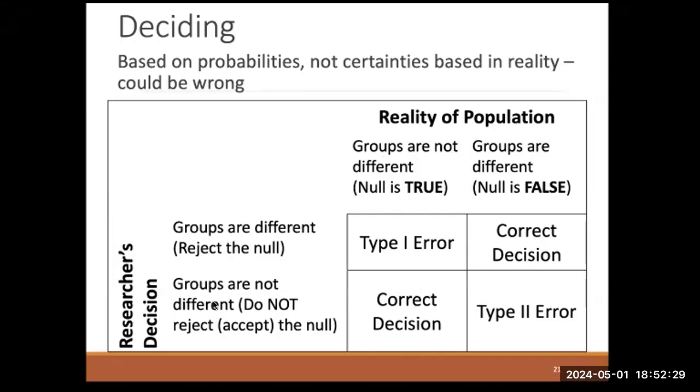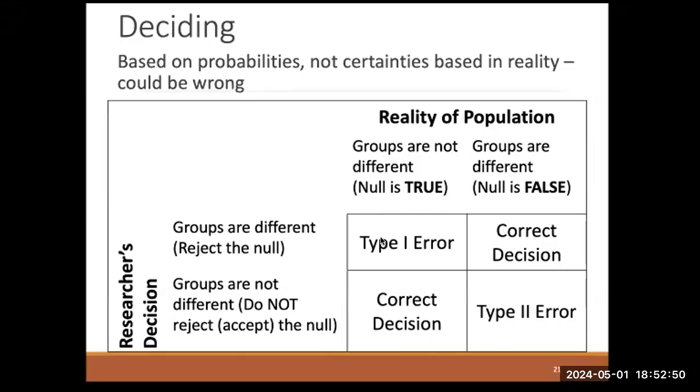In other words, if the researcher's decision is that the intervention had an effect, and it really did have an effect, it's a correct decision. On the other hand, if the researcher says that there was no difference, and the truth in the population is that there was no difference, that is also a correct decision. But there are other errors that could occur.